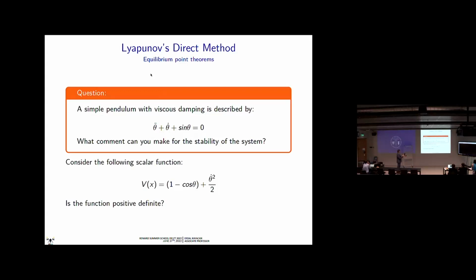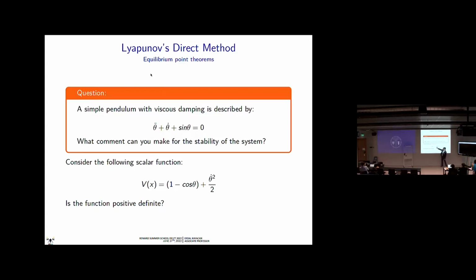So what comment can you make about this system? We can consider a scalar function, V(x) is 1 minus cosine theta. This function doesn't have any relationship with the system function. It's totally independent, right? It's just another function that I write. What are the rules? It has to be positive definite. Okay, is it positive definite? Let's check. This is positive.